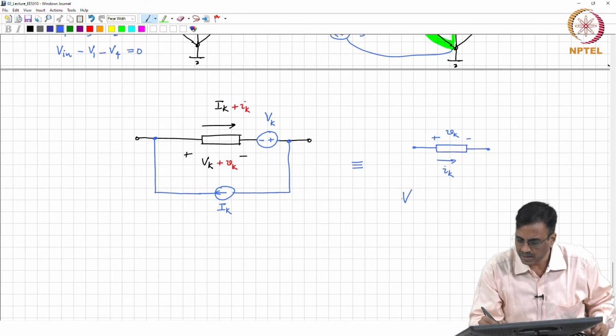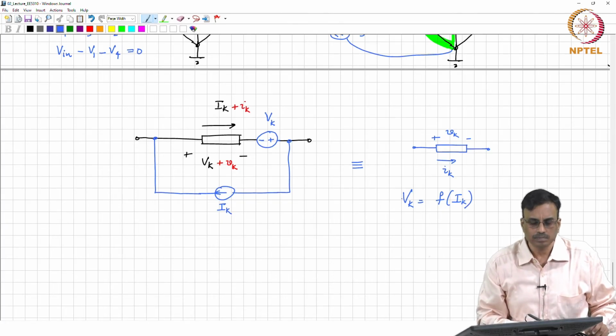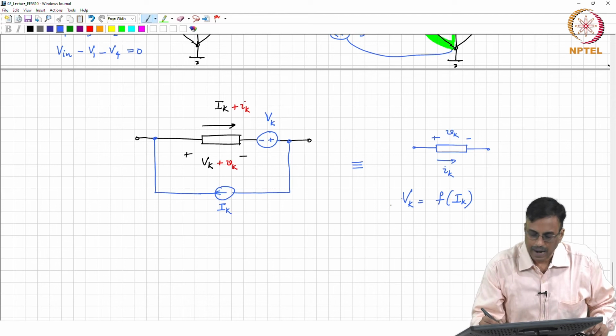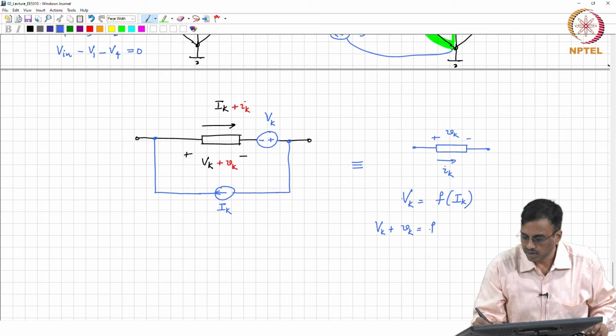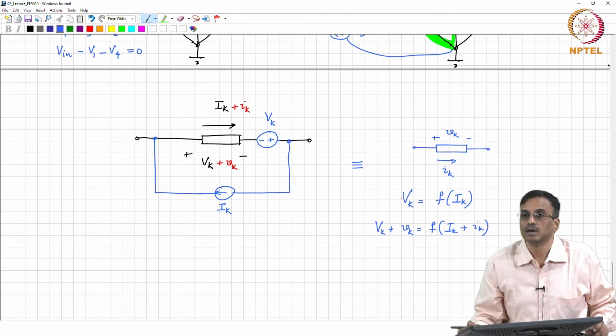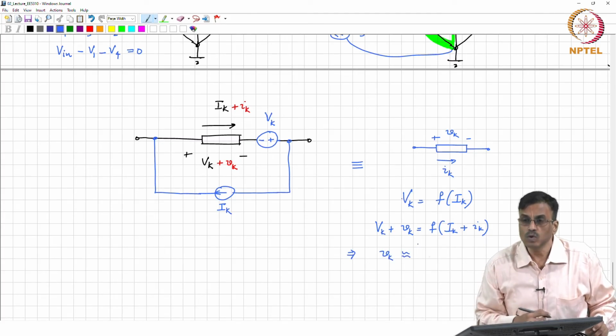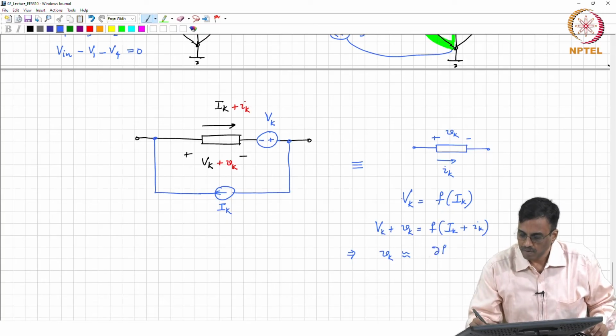Well, if the capital Vk is some function of the capital Ik, for instance, then the capital Vk plus small vk is a function of capital Ik plus small ik, and therefore, this basically means that small vk is approximately equal to df by di.